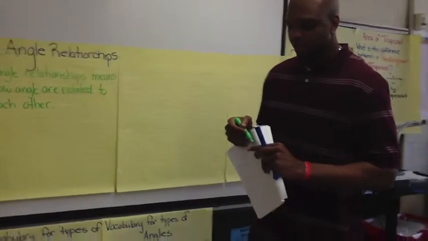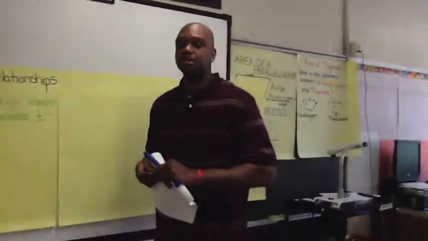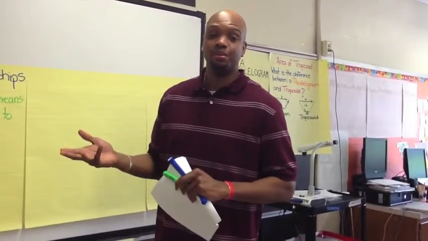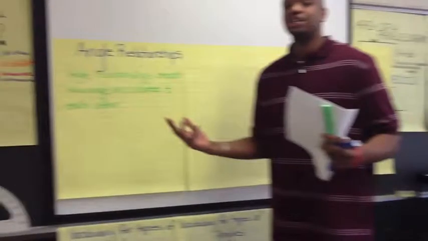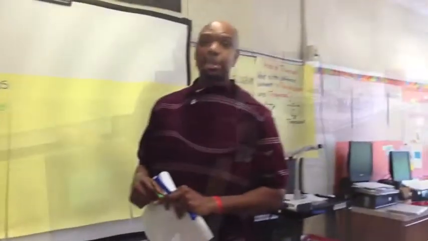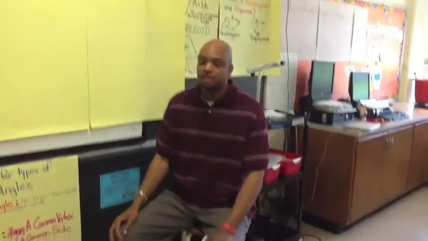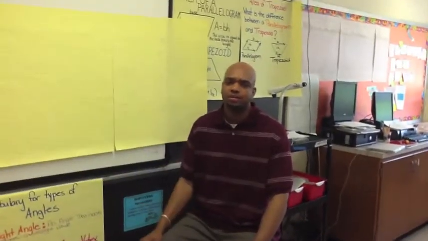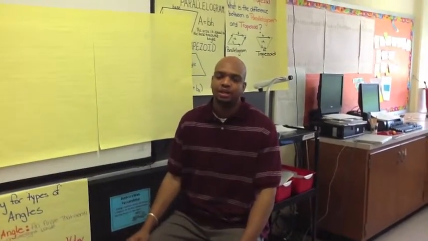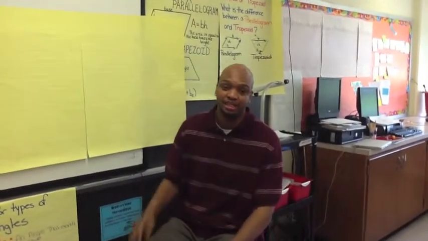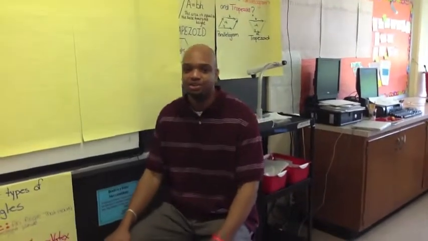So we're going to take a look at some key vocabulary words in this lesson that you need to know, like complementary angles, supplementary angles, vertical angles, and congruent angles. We talked about before some of the key vocabulary words that we need to be successful in this lesson. One of the words is complementary angle. This is important, so everybody should be writing this down if you don't have it in your math journal already.